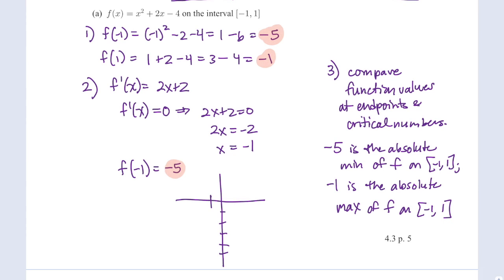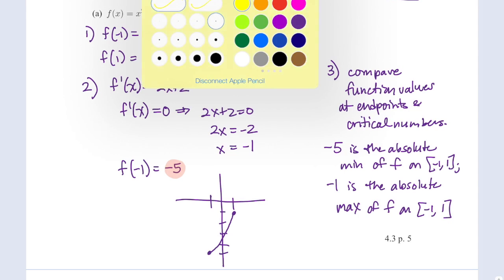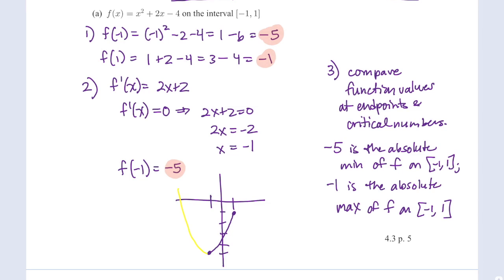So the vertex is right here, and it continues and hits this point, and we're just looking at this little stretch. So the low point is at the vertex, and then the high point is over here at 1, -1. Again, the parabola itself, if we were considering the whole thing, would not have an absolute max, but on this closed interval from -1 to 1, it does have an absolute max.